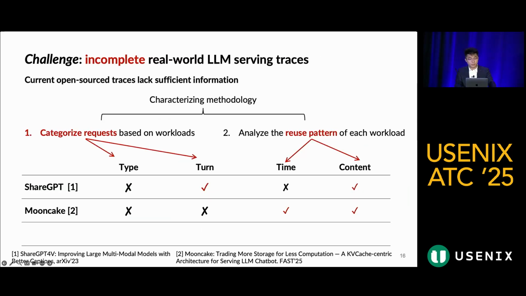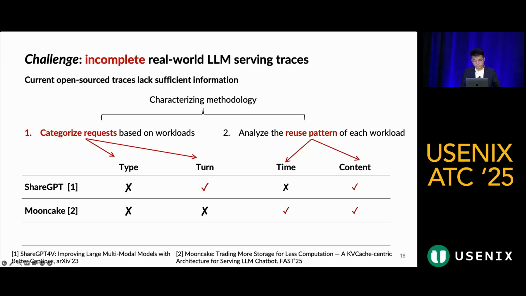Before moving on, we found analyzing KVCache reuse patterns for real-world LLM requests is challenging. This is because we need an in-depth analysis of the serving requests. As shown in the diagram, to categorize different requests as workloads, the type information is indispensable: whether it's invoked by a human or an agent, whether it's text-only or multimodal.